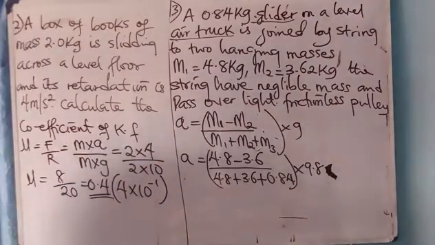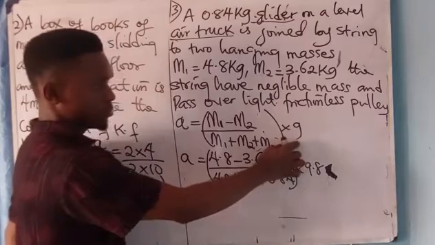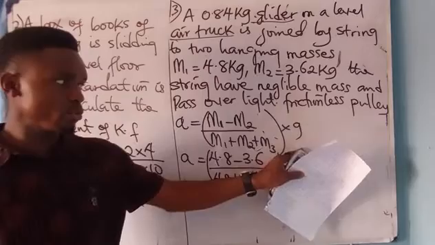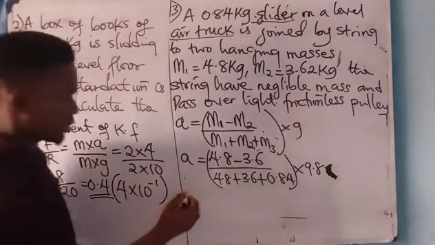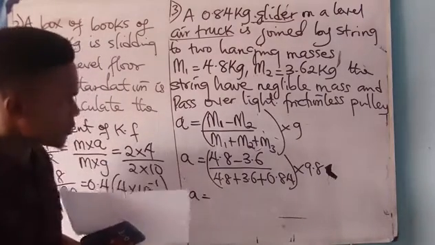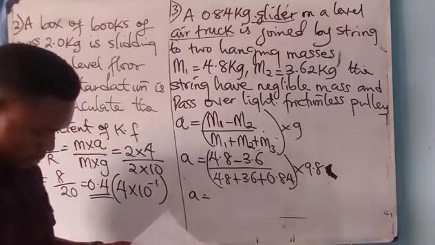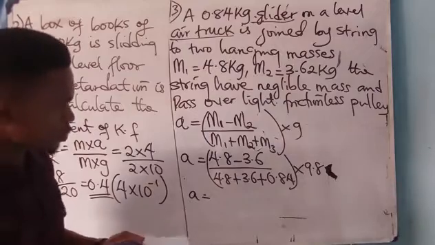I told us whenever they don't give us g to calculate, we use 9.8 meters per second squared. So acceleration is now 4.8 minus 3.62.